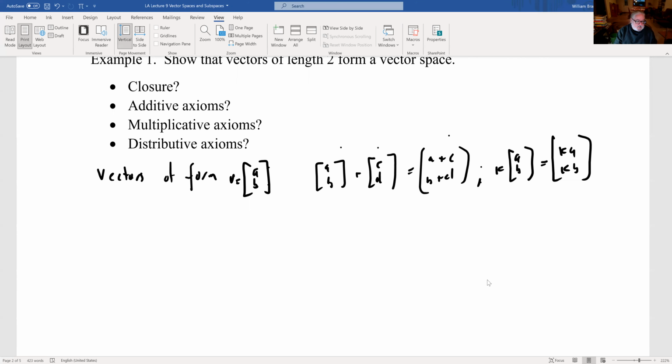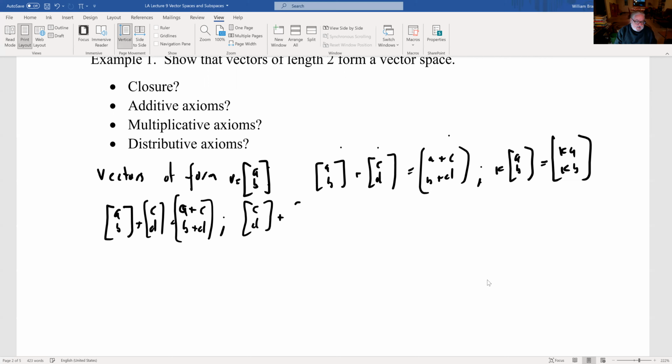Additive axioms, (a, b) plus (c, d) is equal to (a plus c, b plus d). And we can reverse that, (c, d) plus (a, b) equals (c plus a, d plus b). But these two things are equal, so we have commutativity of addition, right?